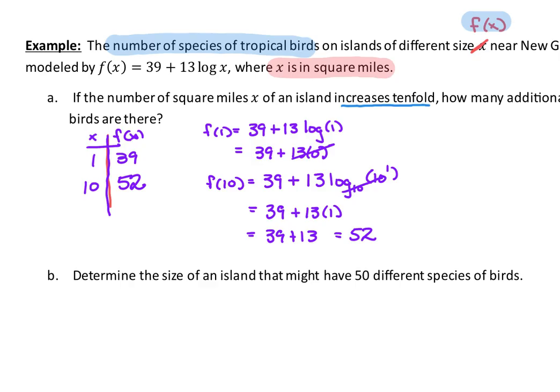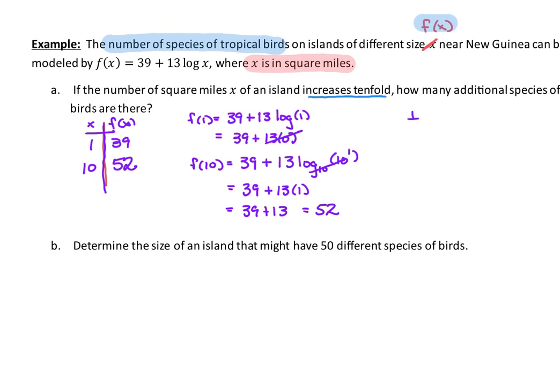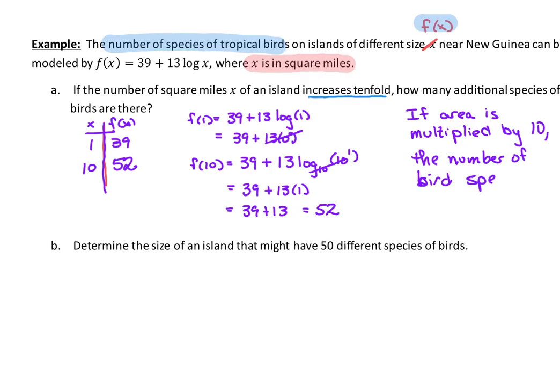What we're going to see is as we multiply, if you multiply the area by 10, the number of bird species increases by 13.